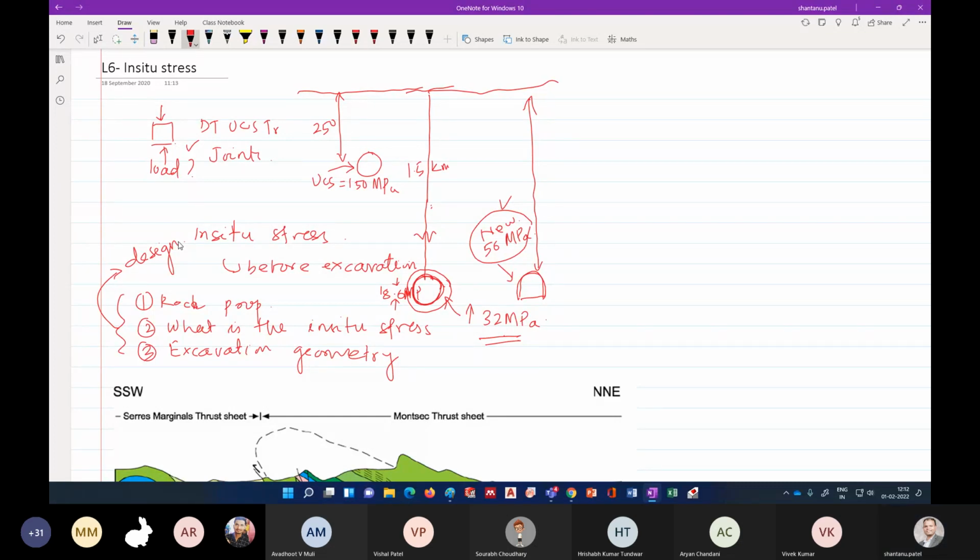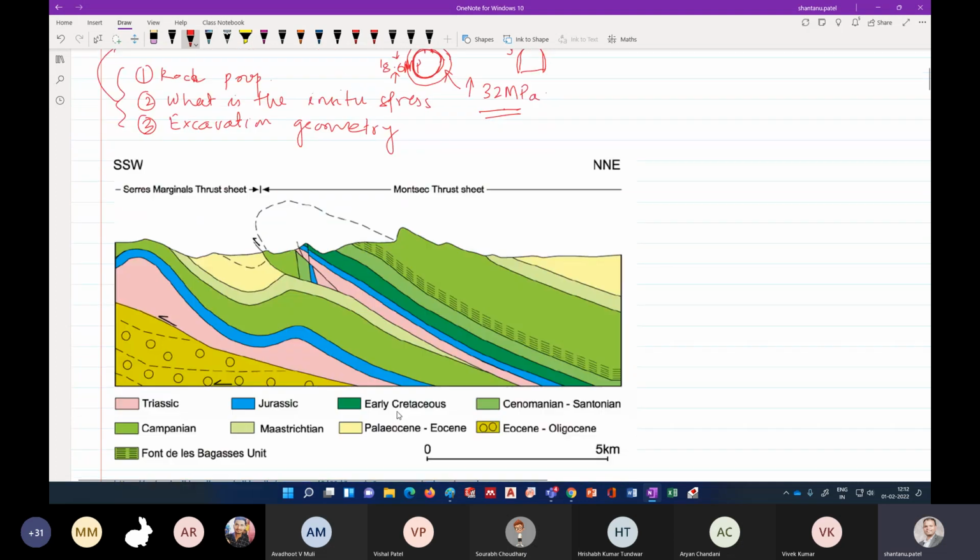Okay, so this is something called a geological section. Does anyone not understand what this geological section means?